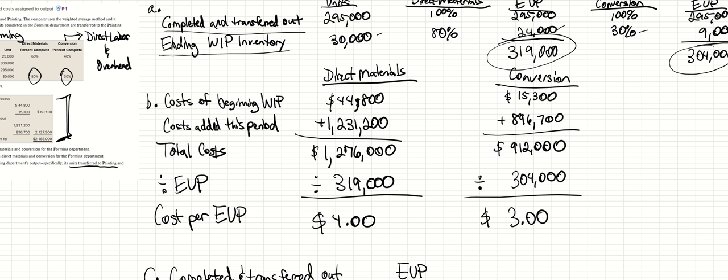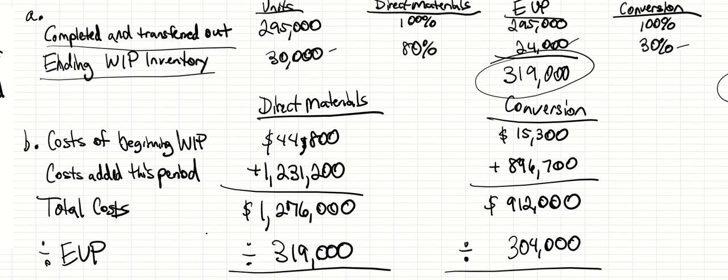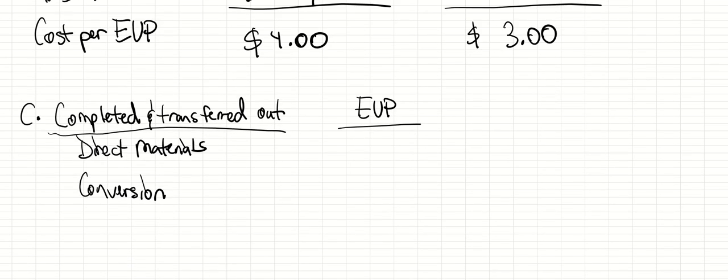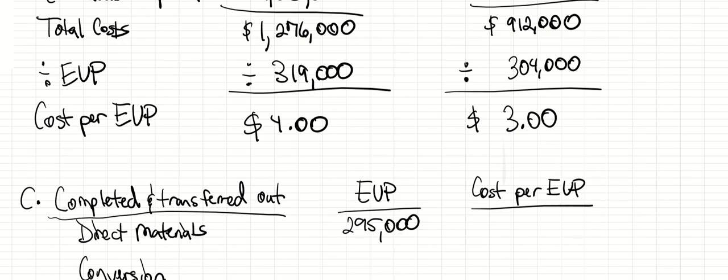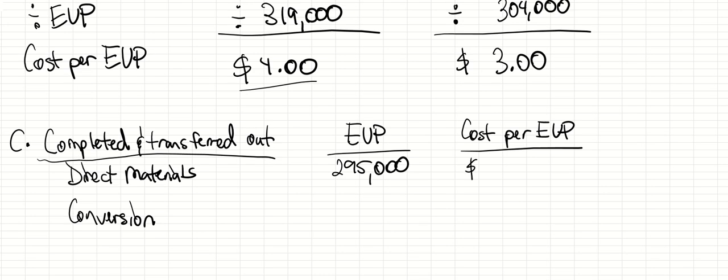We're focused on direct materials, so we're going to bring in the 295,000. That was 100% in respect to direct materials. The cost per EUP for direct materials was calculated in letter B, and that's our $4.